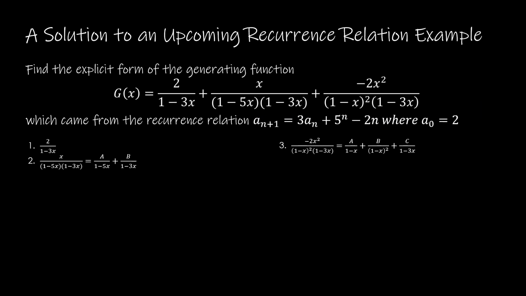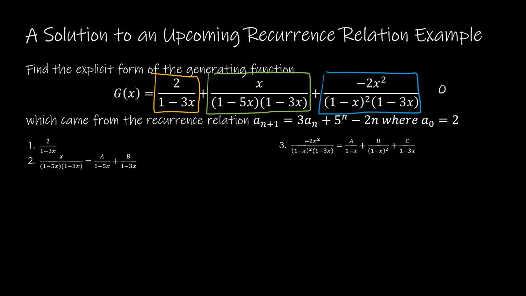So for this, notice that I have 3 separate generating functions. Essentially, what I'm looking for is what's a sub n for each of those. So for the first one, that one's one of those easy examples. This is one of the things that we talked about previously.